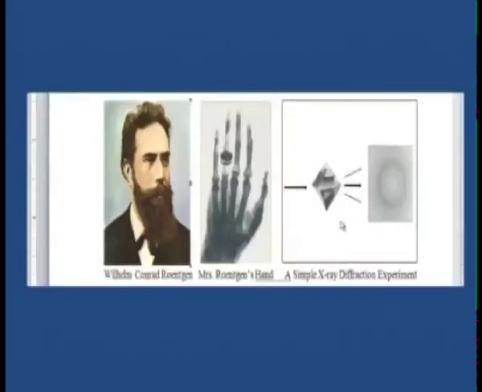The Newton's rings are due to the wave nature of light. Similarly, X-rays are waves, a part of the electromagnetic spectrum, and when they hit the target, you get what is called the diffracted beam, that is the X-ray diffraction. We will see this in greater detail in the time to come.